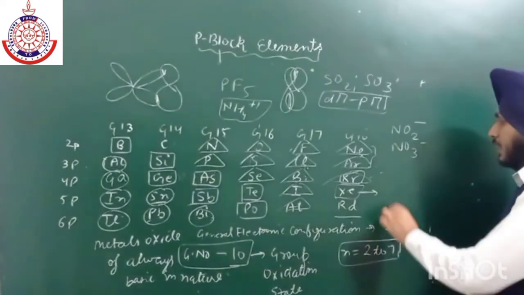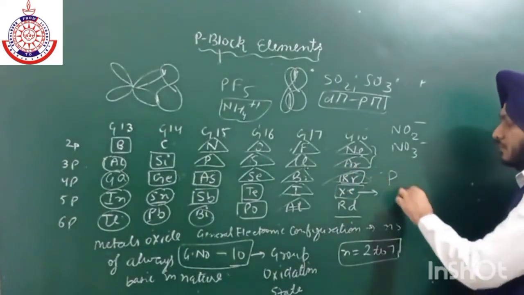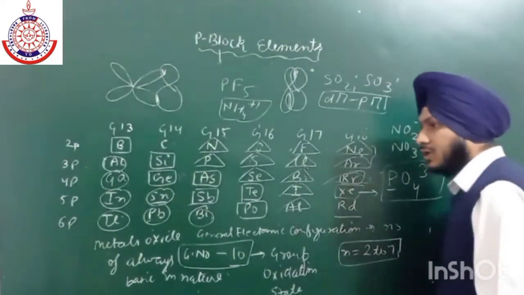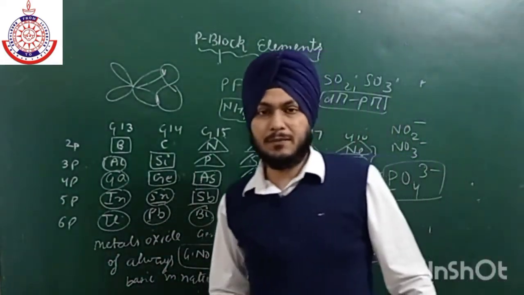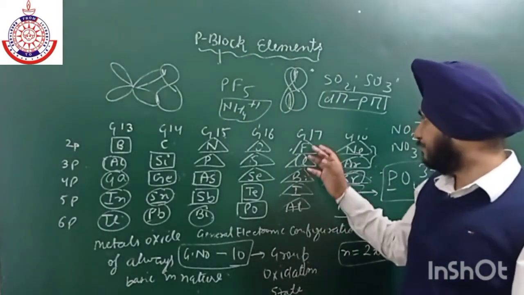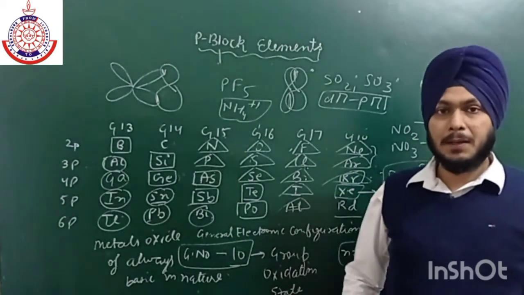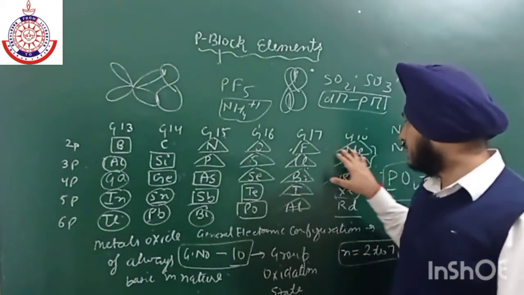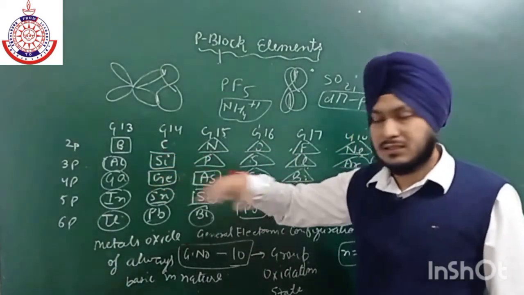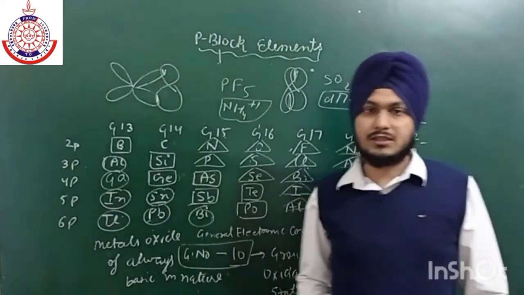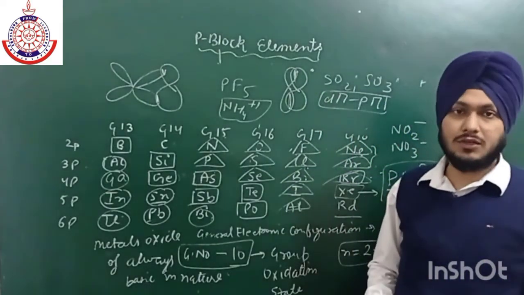But phosphorus is able to form PO4 3-. This is due to the formation of dπ-pπ bonding. So the coordination number increases due to this dπ-pπ bonding in complexes also. But these first elements don't have a tendency to show this dπ-pπ bonding due to the lack of d orbitals.